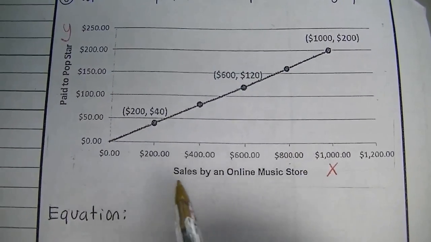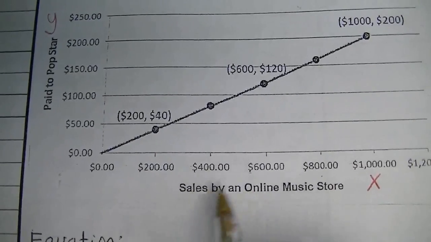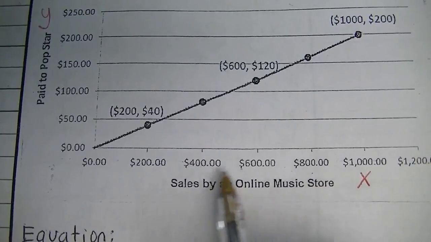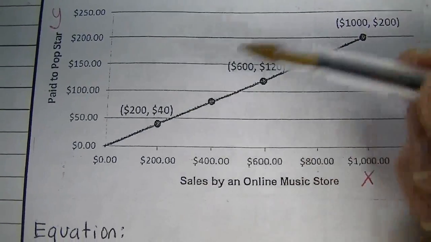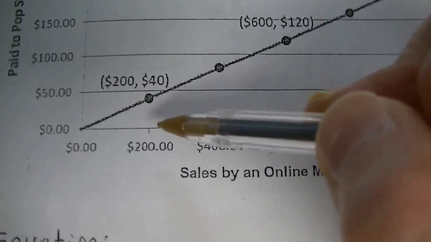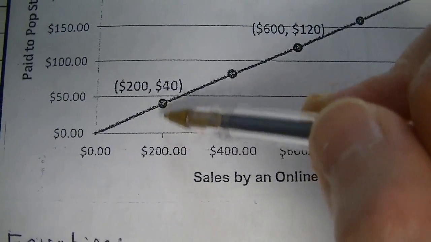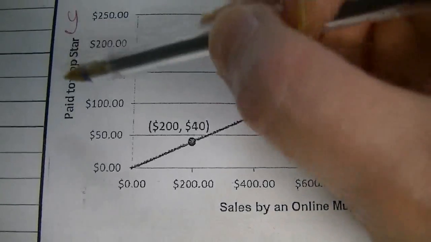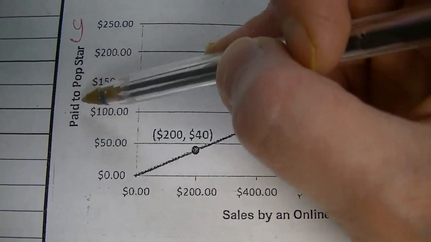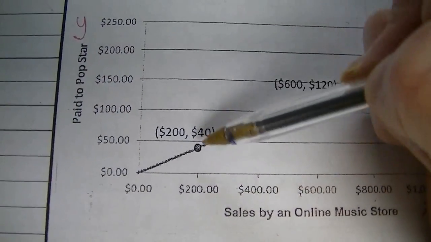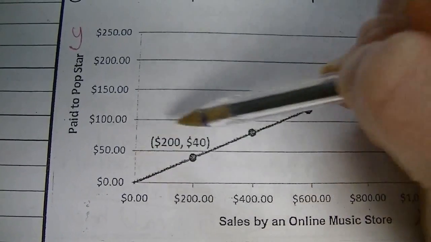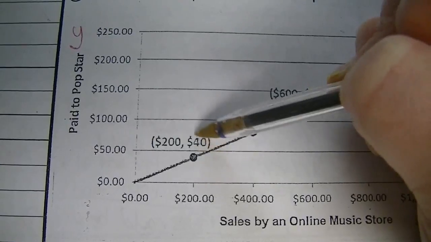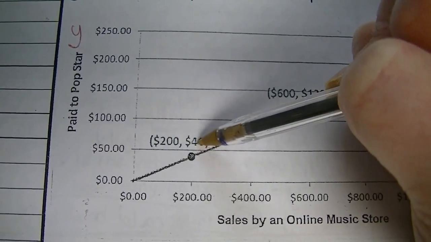All right, so the x-axis represents sales by an online music store. So that could be like iTunes. So let's say iTunes. They sold $200 worth of stuff. Well, this is how much gets paid to the pop star of the songs that were purchased. So 40 bucks.